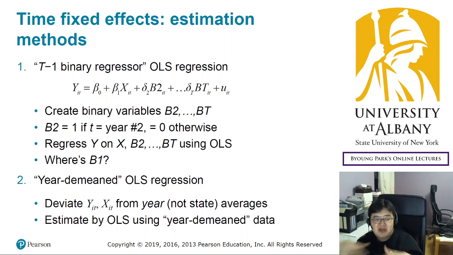So when you take the average, you have to take the average across the states. Previously, in our state fixed effects case, we took the average over time because the fixed effects need to be cancelled, and they vary across states but are constant over time.